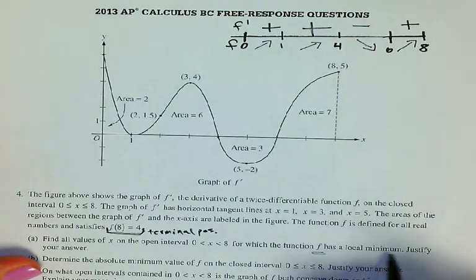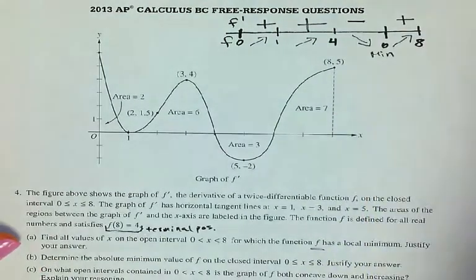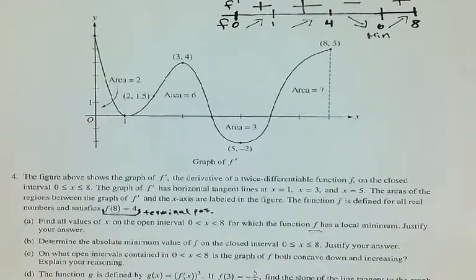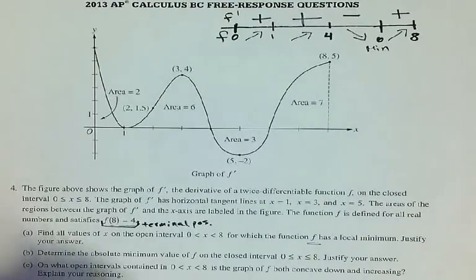It's asking me about a local minimum, so I guess this would be a relative min or a local min. Remember, they could use the word relative or local there. So my answer to part A, okay, remember a sign chart is not justification on the AP exam, so you have to write some sort of a statement.